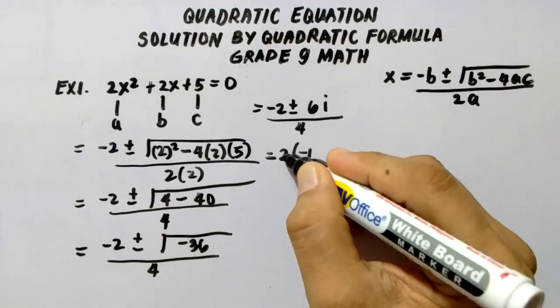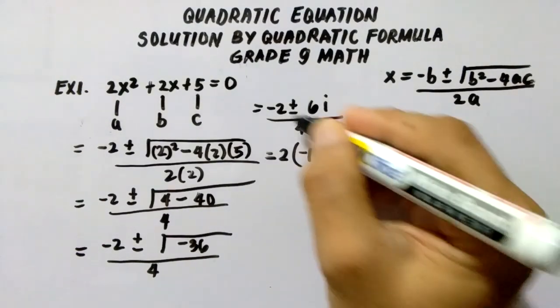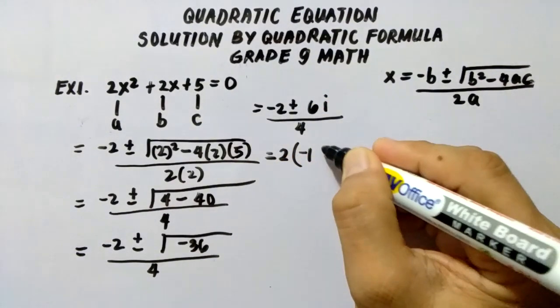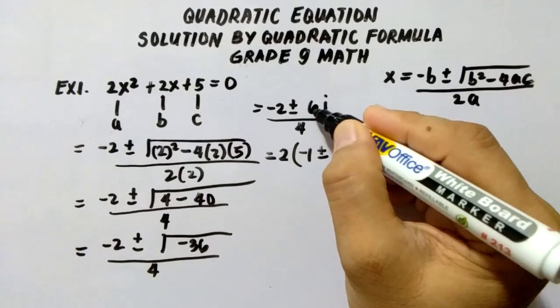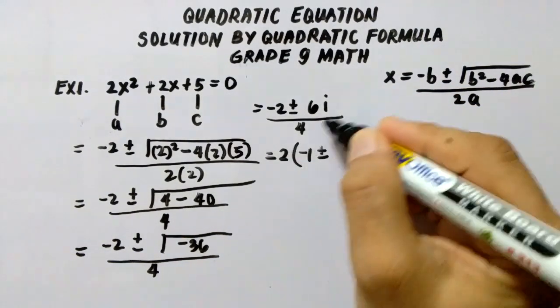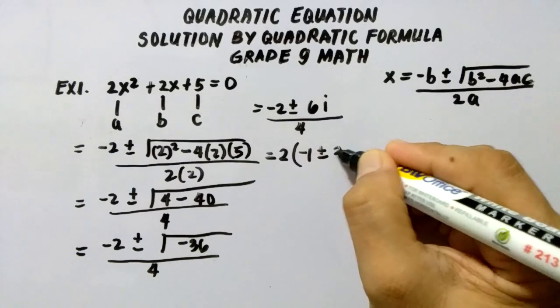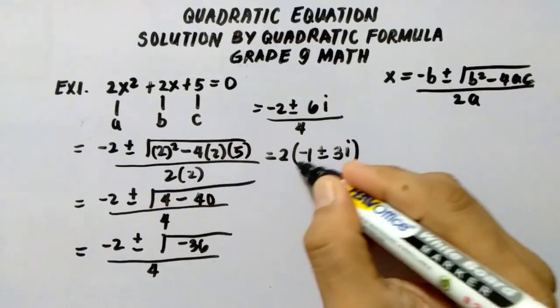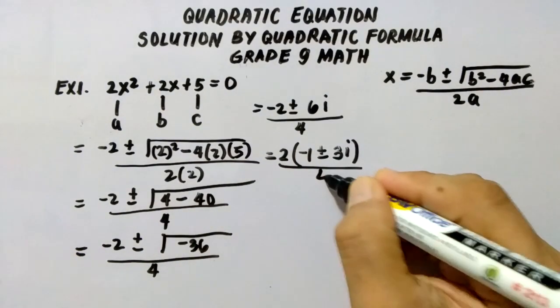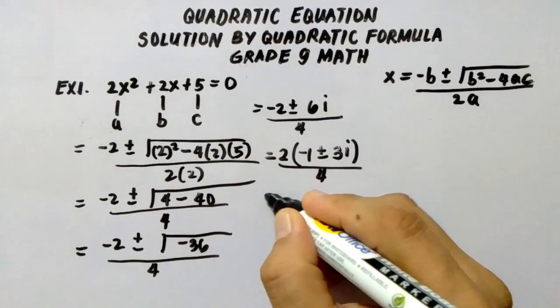Okay, so pag multiply po natin ito, 2 times negative 1, so we have negative 2. Then, positive, negative, then yung 6, divided by 2, so we have 3. Then, copy the letter I. Then, over 4. So, equals.